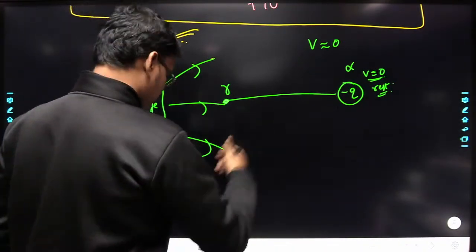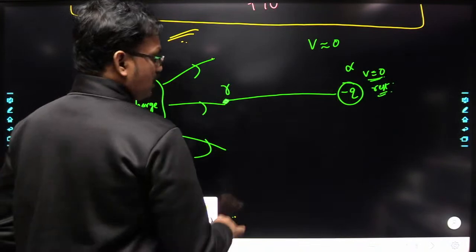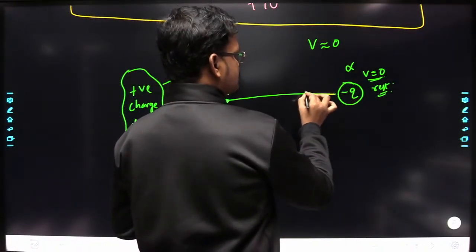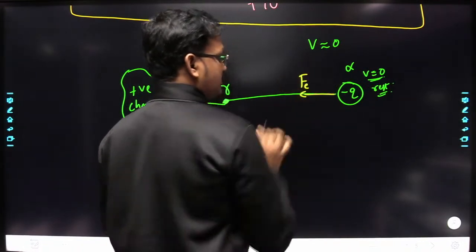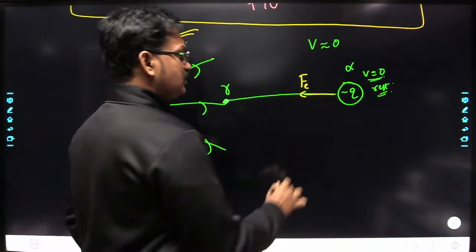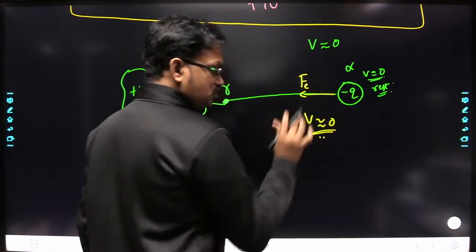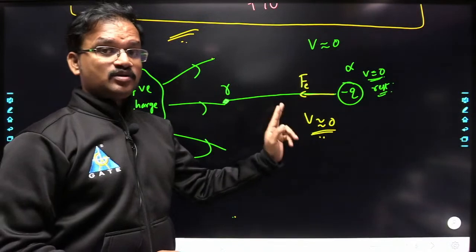Understood? Now here the electrical force is acting in this direction. What I have told is the velocity of the charge you have to maintain almost equal to 0. This is very important.